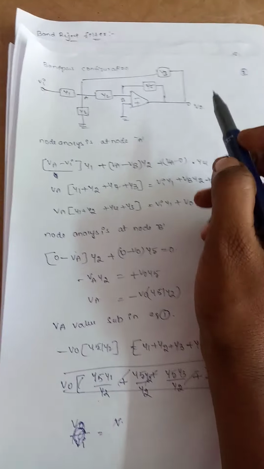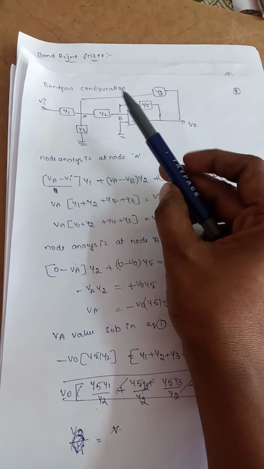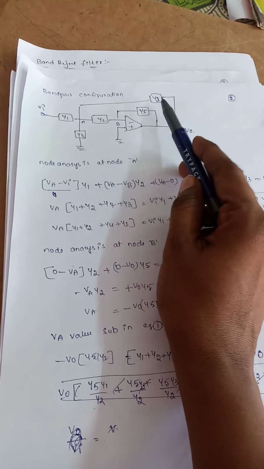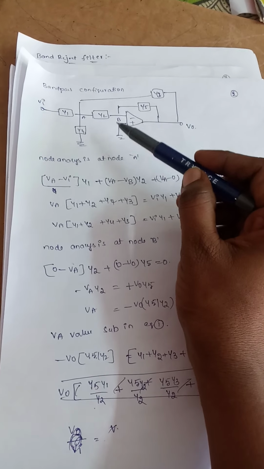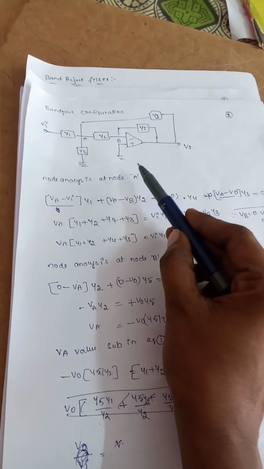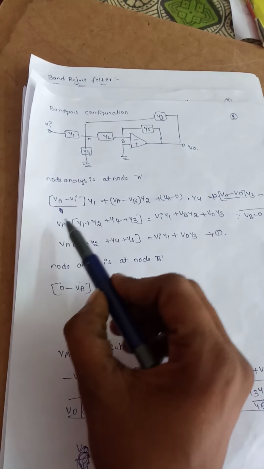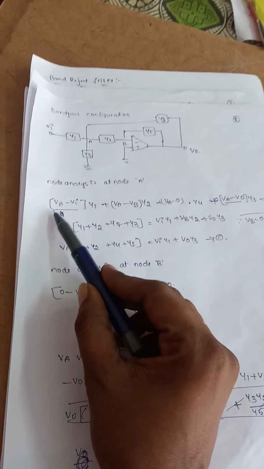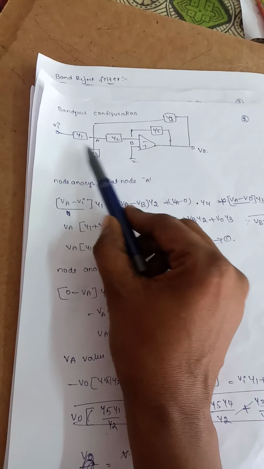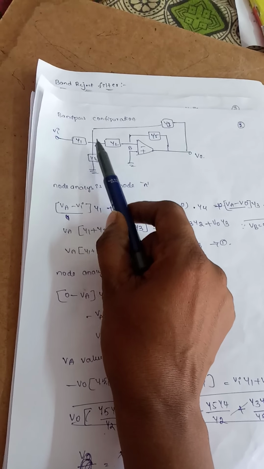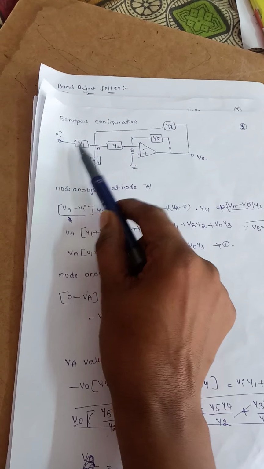First is the band pass filter configuration. Here Y1, Y2, Y4, Y5 and Y3, all these components are in admittance form. So this is the band pass configuration. Apply nodal analysis at node A. Normally it would be VA minus VI by R, or if using a capacitor, VA minus VI by 1 by sC.